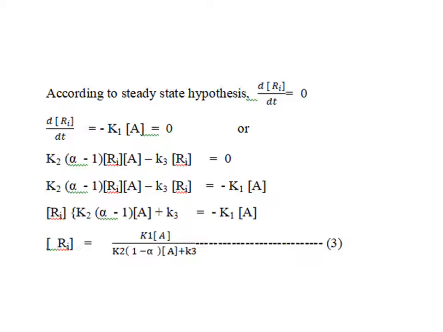In the above step it was alpha minus 1. If we write it as 1 minus alpha, it gives a negative sign, and the negative sign cancels with the negative sign of K1 into A. Then the equation becomes Ri is equal to K1 into A over K2 into 1 minus alpha into concentration of A plus K3. This is equation number 3.